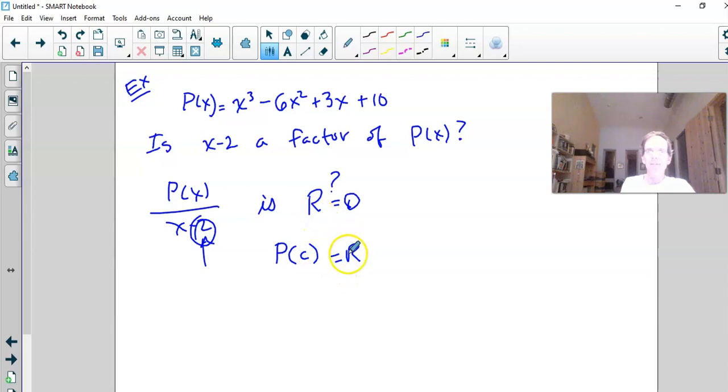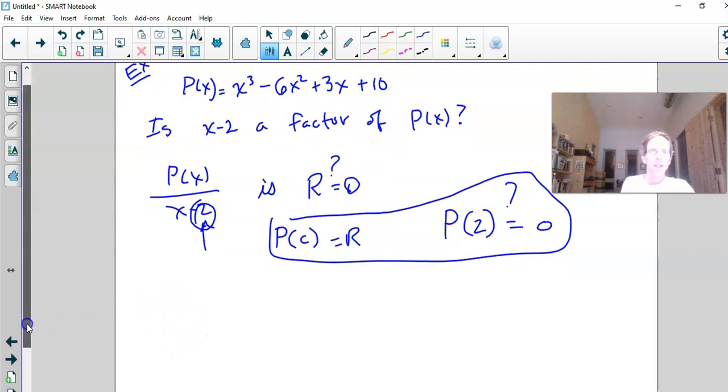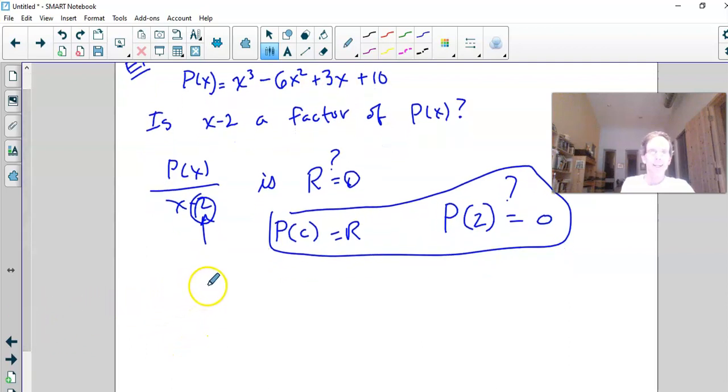And we could do that and see if it's 0. But since we're going to be doing this division to try to break down p of x into its factors, we aren't going to really use that method. You could put 2 into this polynomial and see if you get 0, but that's work that wouldn't help us very much in factoring this. It would tell us, yeah, it's a 0, x minus 2 is a factor.